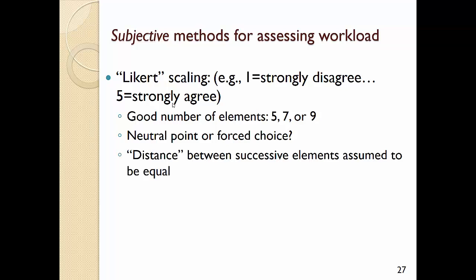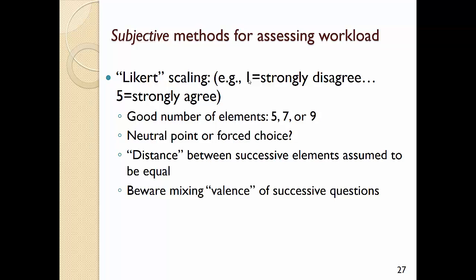One thing to think about is the distance between successive elements. How do I go from 1 to 2? Is that the same distance as from 2 to 3? You assume them to be equal. In practice, people sometimes map it out in a way that doesn't completely support this assumption.